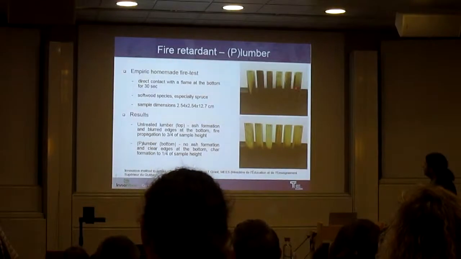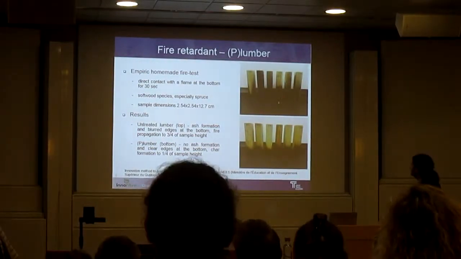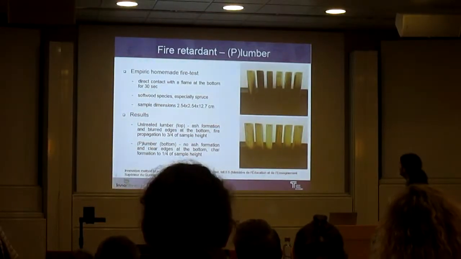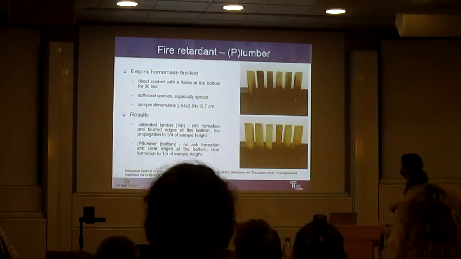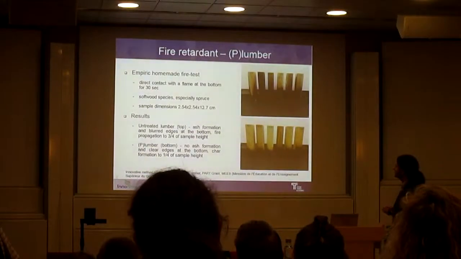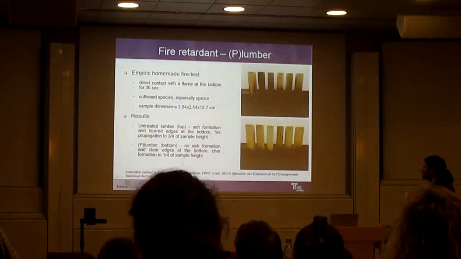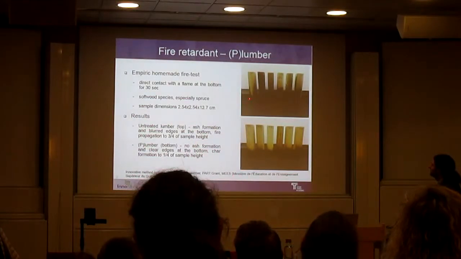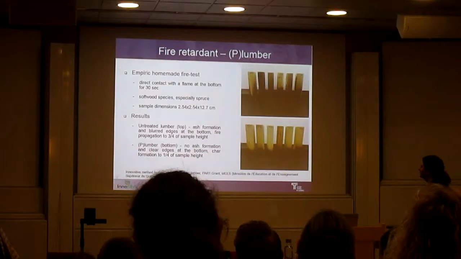As you see in the top image, we have the untreated wood. On the edges, we see ash formation, and we have blurred edges at the bottom where the flame was in contact with the wood.